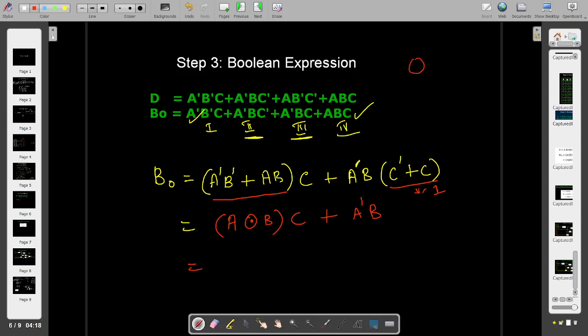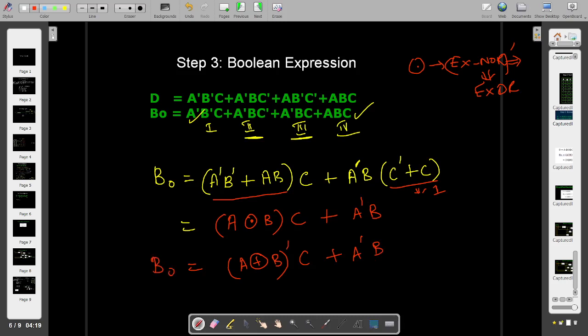Circled dot is XNOR. This XNOR is the complement of what? If you take the complement, then it becomes XOR. So you can write it like A exclusive OR B complement or dash into C plus A dash B. So this is the simplified expression for this B naught.